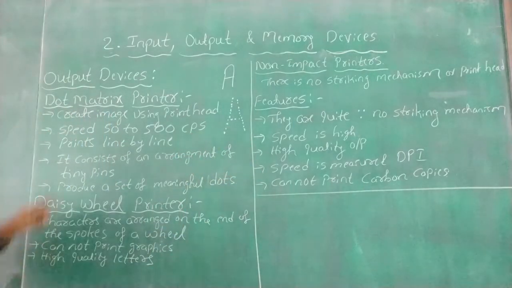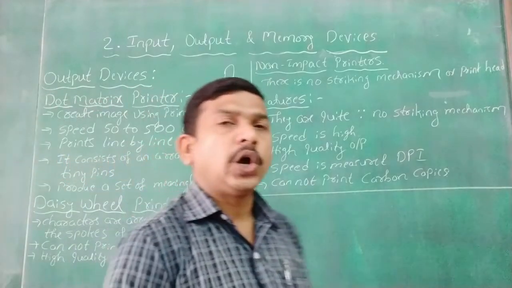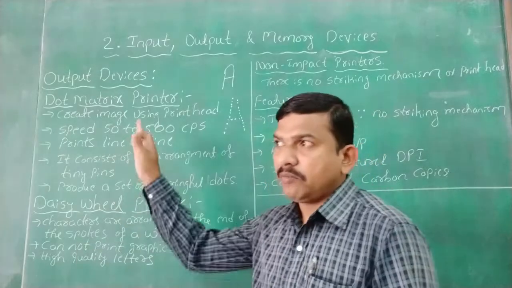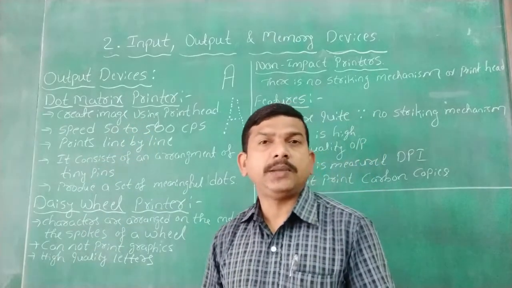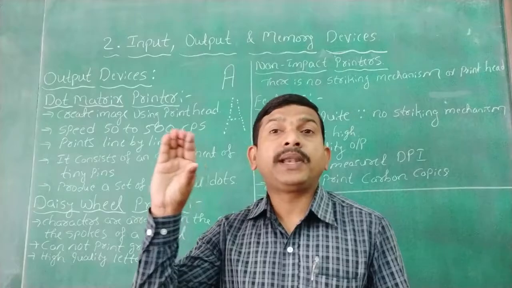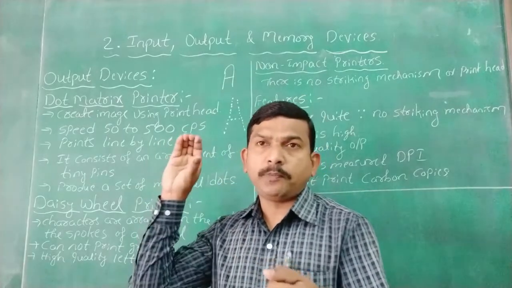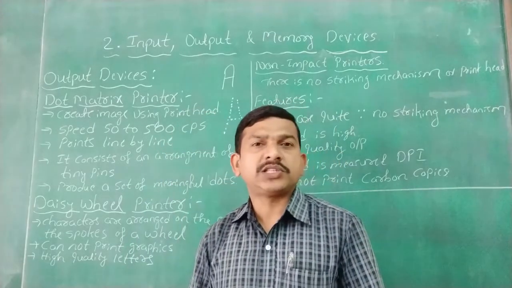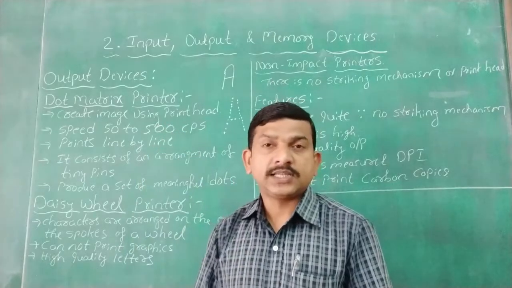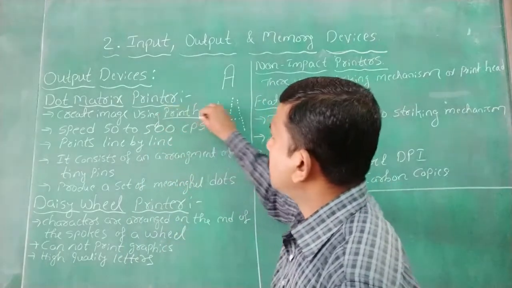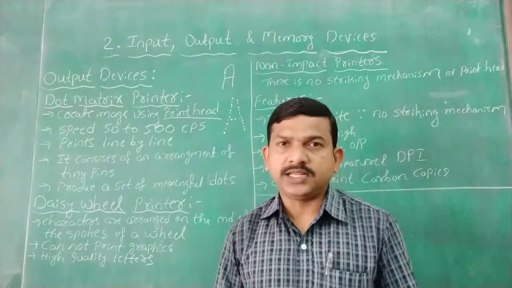So next, the dot matrix printer creates images using a printhead. I already told this is the example for impact printer. So in impact printer, what are we using? Printhead. With the help of printhead only is it possible to print? Yes. So that printhead is used in the dot matrix printer.